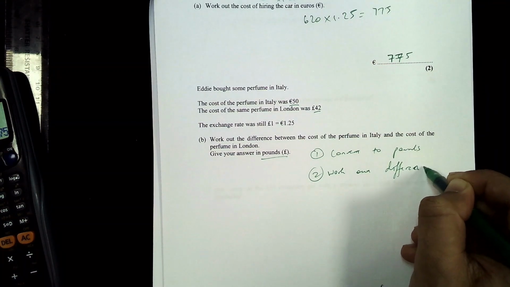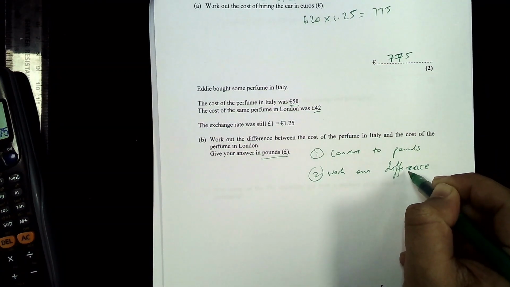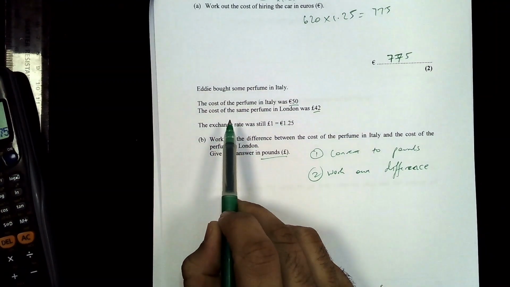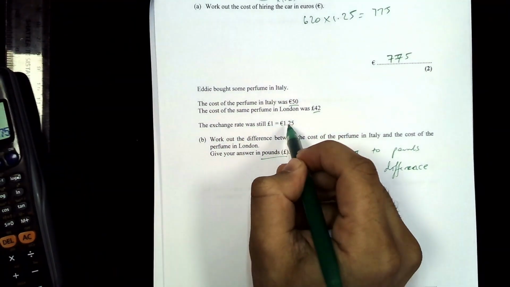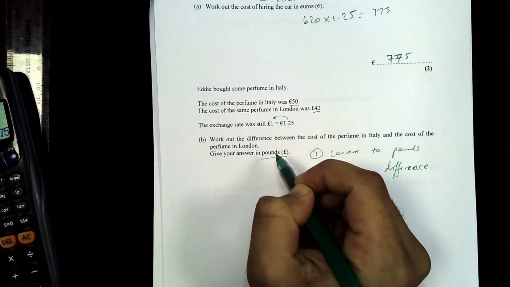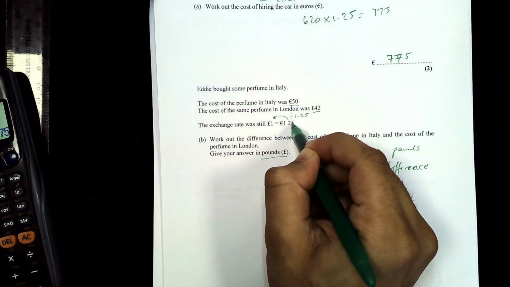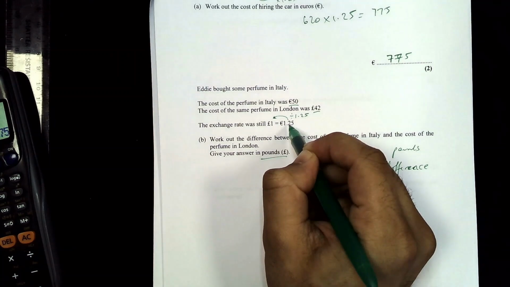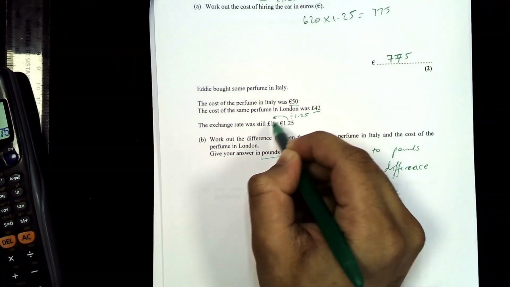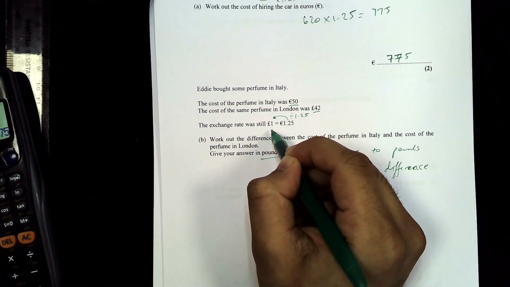Sorry, I can't spell either. Difference. So look at the exchange rate. How do I turn euros into pounds? You divide by 1.25. If you divide something by itself, it makes it 1. So €1.25 divided by 1.25 gives you £1.